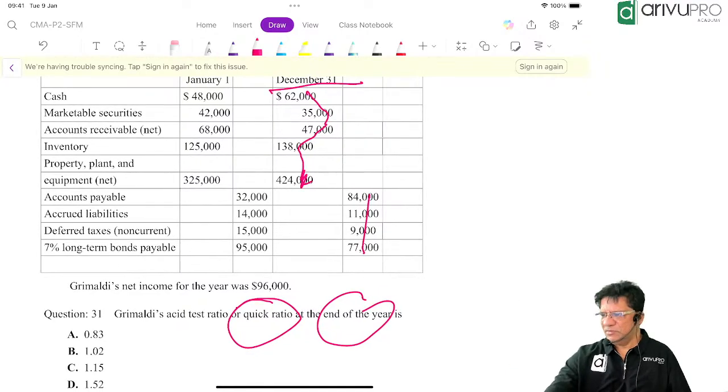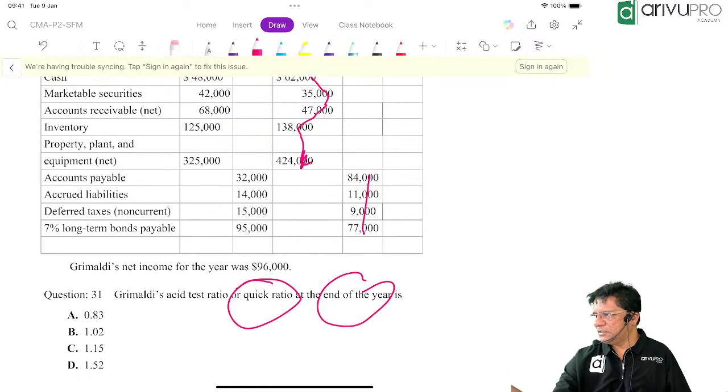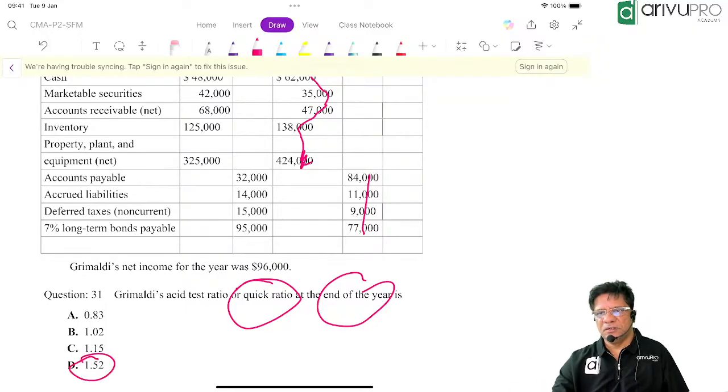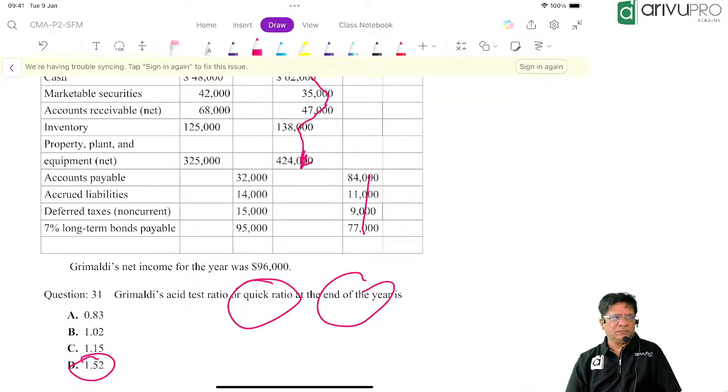Okay. 1.5, 152. You got it? Did you get it? No? Help Amisha, just see. She got 0.83, quick ratio.